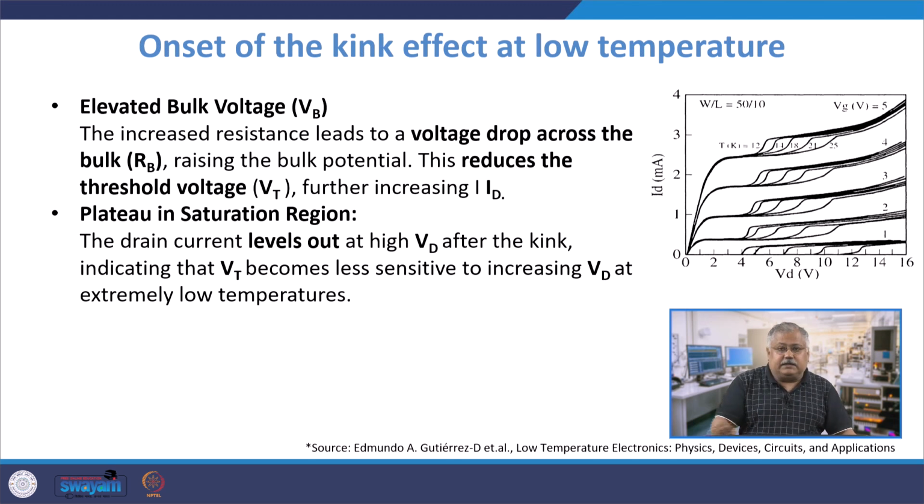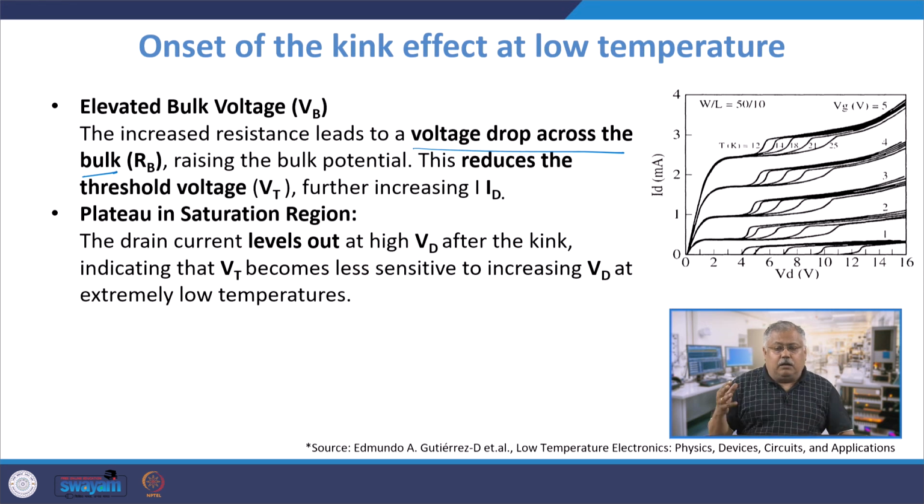Since the resistance changes, there is also a change in the bulk voltage, because the resistance has increased due to reduced carriers, so the voltage drop will also be larger. This gives a much larger voltage drop across the bulk, and as you know from the body effect, the threshold voltage reduces, which further increases ID. So, it's quite a complicated formulation.